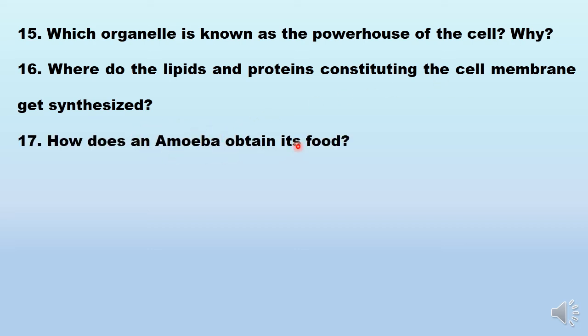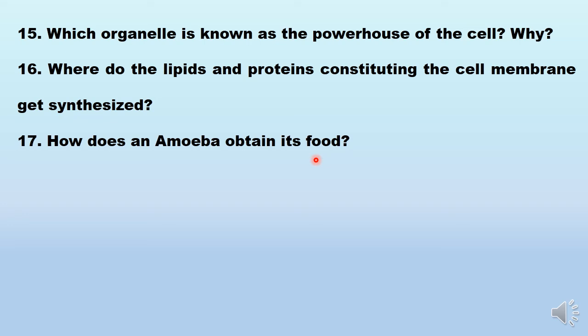How does amoeba obtain its food? So once again, in this kind of an answer, you just don't write that amoeba obtains its food through endocytosis. That will only get you maybe half marks. But then you have to explain it in 2-3 lines that to import solid food particles inside the cell, animal cells engulf that food particle by surrounding it through their flexible plasma membrane, and ultimately that particle is imported inside the cell in the form of a food vacuole or food vesicle.